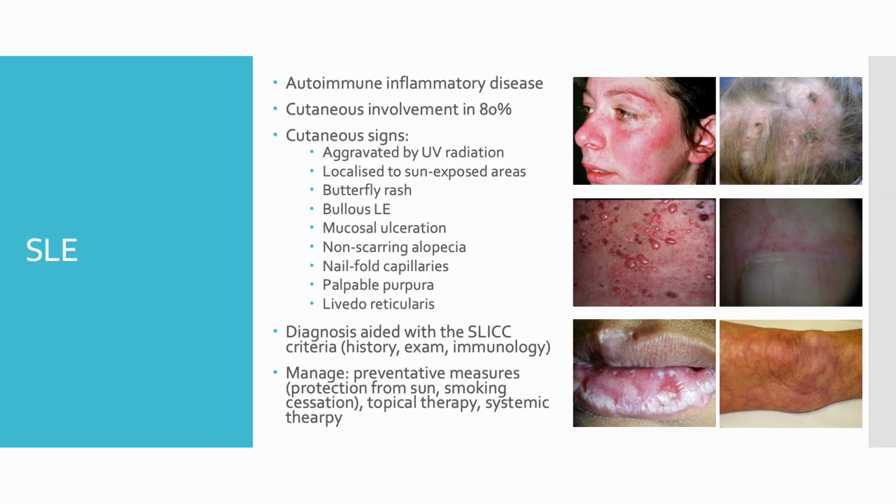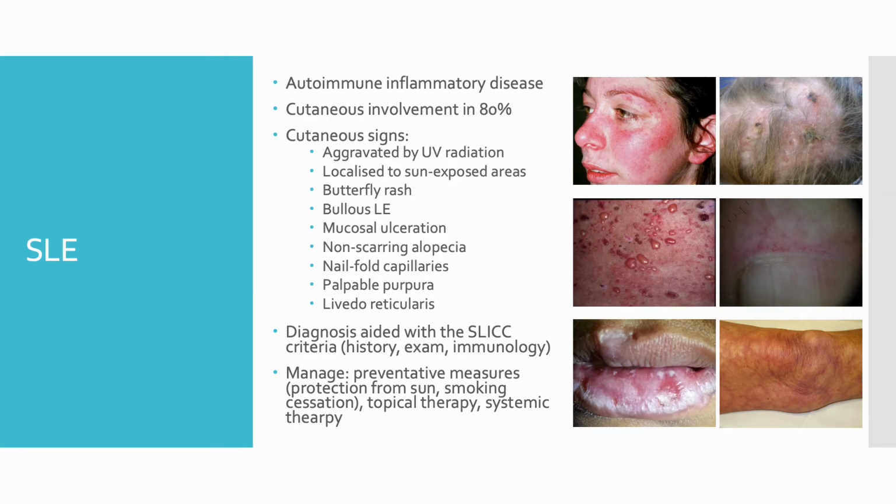Now, the diagnosis is aided by various lupus classification systems, which involves features in history, examination, and immunology. So the important thing is to recognize systemic lupus, identify if other internal organs are affected, particularly kidney, lung, blood vessels, joints, and treat accordingly.